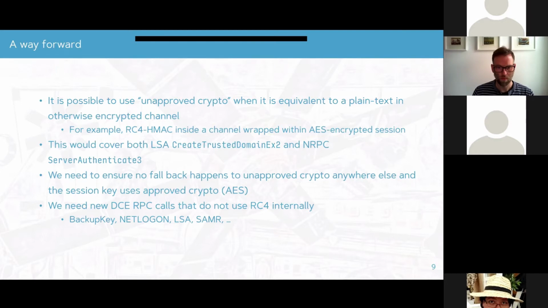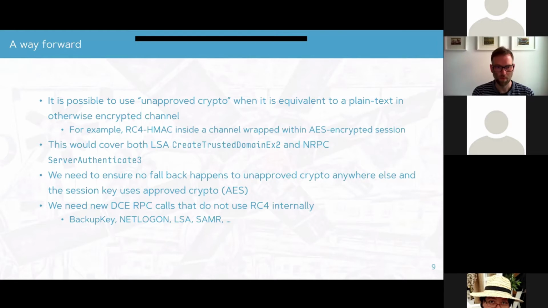But we need to ensure that there is no fallback happening at all, anywhere, and we use the right approved crypto to create the session keys. And there are some places where we cannot do that. There are some situations where it's not possible to achieve this.